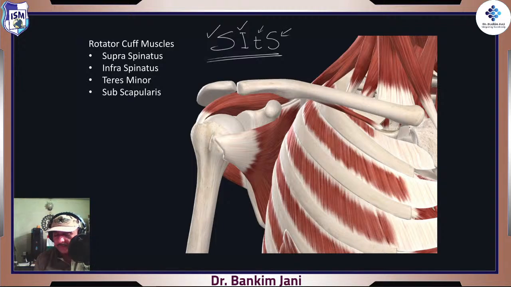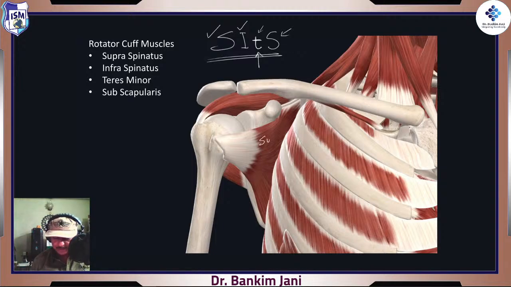We don't want any doubt whether it is teres major or minor. Sometimes it happens, but when you start writing like this, you will never make a mistake that it is teres major. Always write it like this only. And this will prevent even the revision also. You'll just see and say, okay.